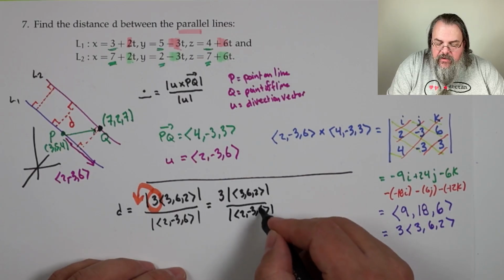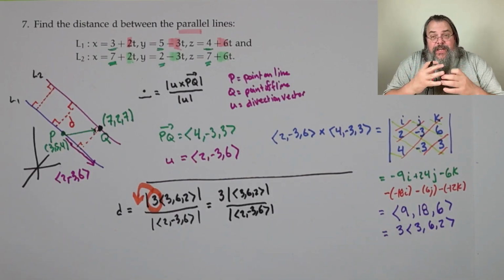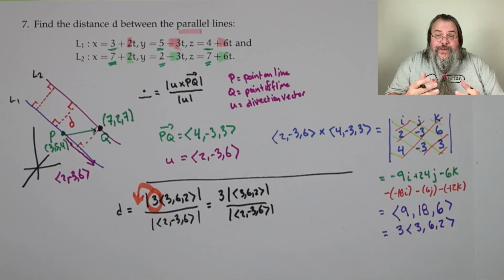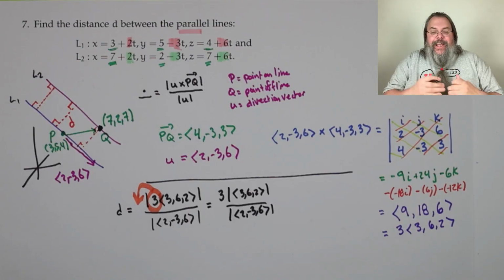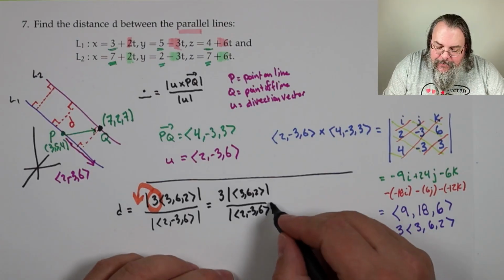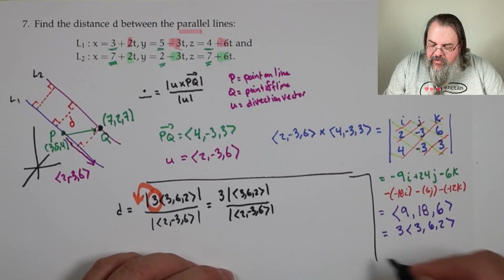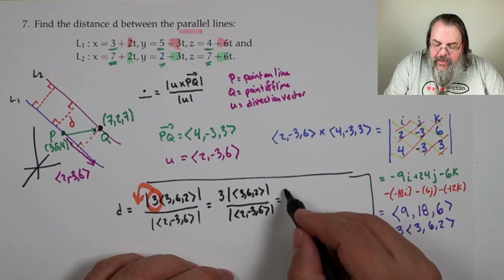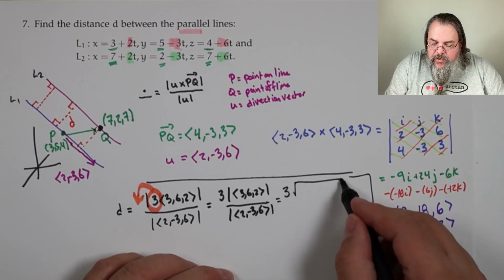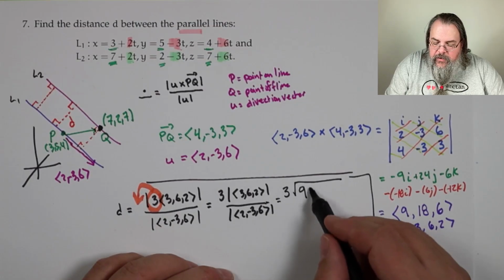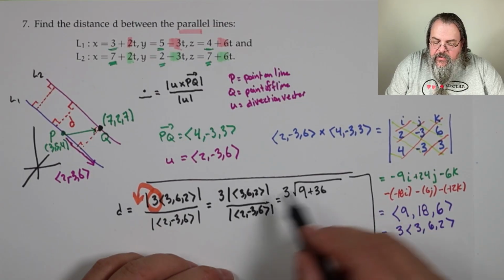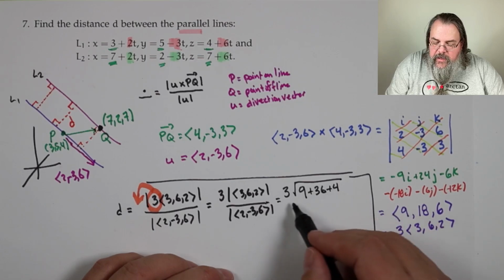The reason I like to do that is it makes the numbers I'm going to have to work with smaller, also known as less likely to make mistakes. And I'm a big fan of the less likely to make mistakes doctrine. Okay, so we have 3 times the square root of 3 squared is 9, 6 squared, 36, 2 squared is 4.